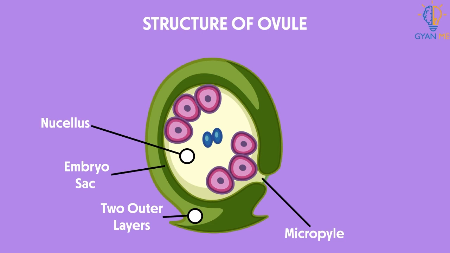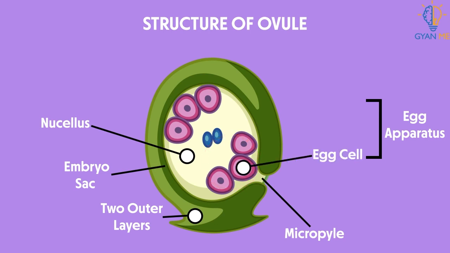Apart from the nucellus, there is a region called the embryo sac. It contains 7 cells, out of which 3 cells at the micropylar end are called the egg apparatus. In the egg apparatus, one is the egg cell or female gamete or female germ cell, and the remaining 2 cells are synergids.